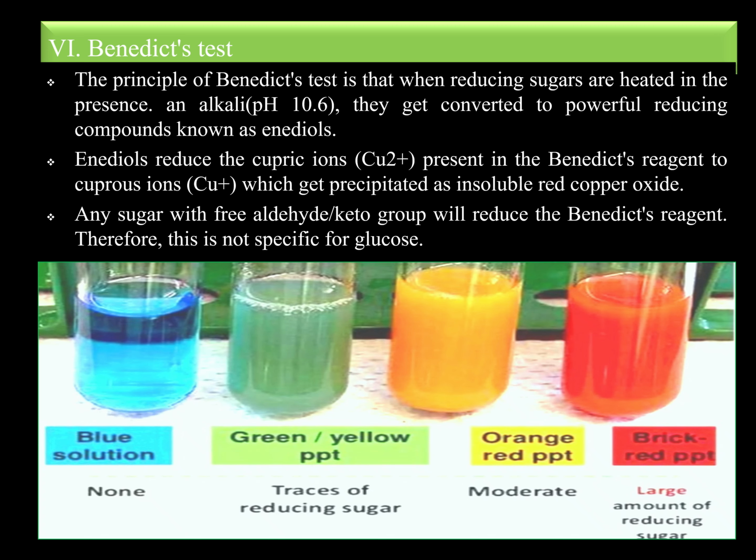Any sugar with a free aldehyde or ketone group can reduce Benedict's reagent. This test is semi-quantitative because the color of the precipitate gives a rough estimate of sugar concentration.